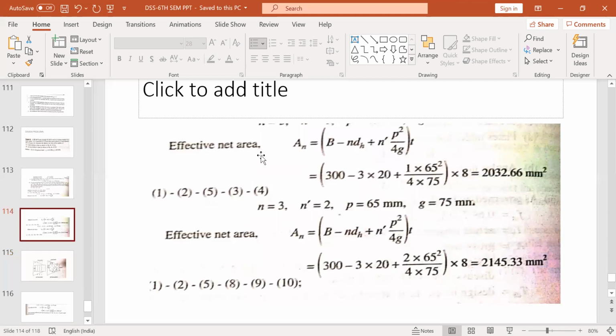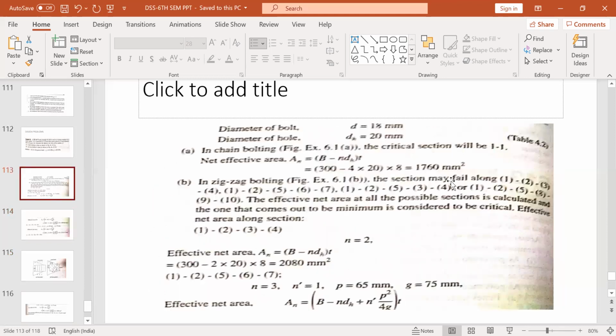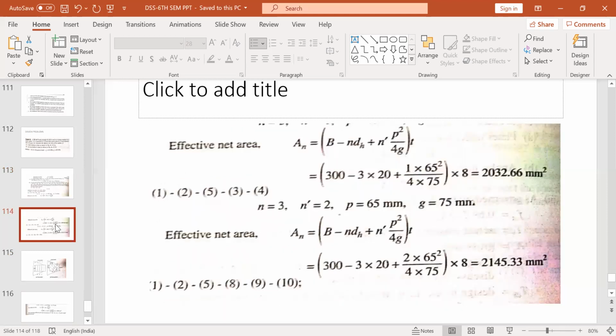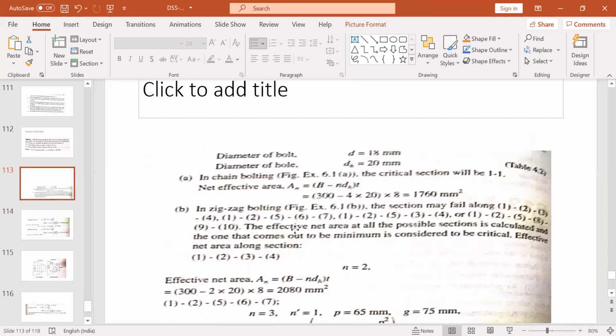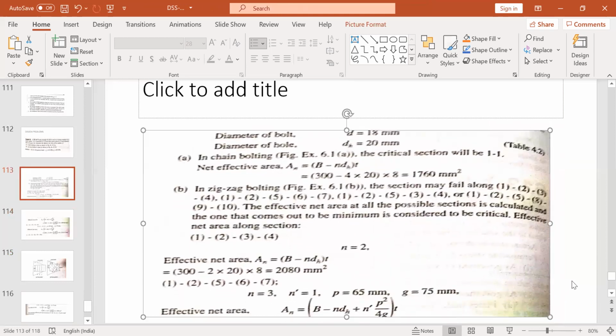So for this first case, the net area will be (b minus n d_h plus n dash p squared by 4g) t. Now put these values. B is 300. Number of holes n is 2 for the first case.